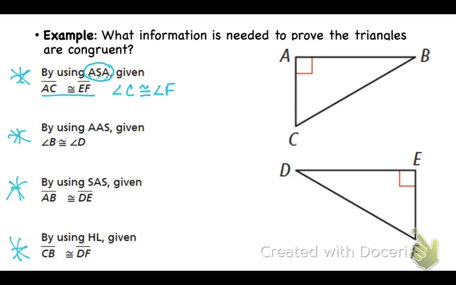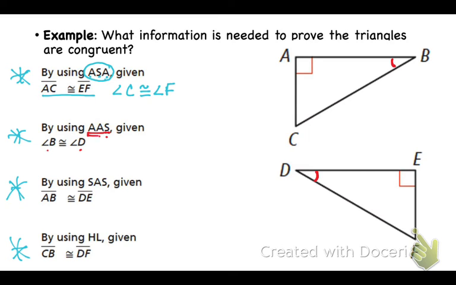Okay, the next one I need what? Angle, angle, side. And what did it give me? Angle B is congruent to angle D. Now, drawing on your pictures might get confusing because you can't erase it every time, right? So that's why I'm not drawing on them. So I know that angle B is congruent to angle D. And I need angle, angle, side.